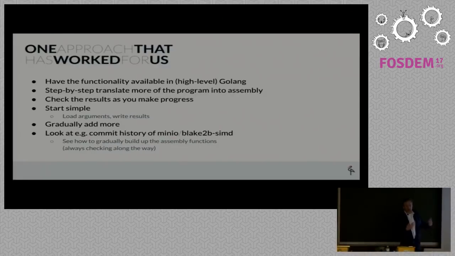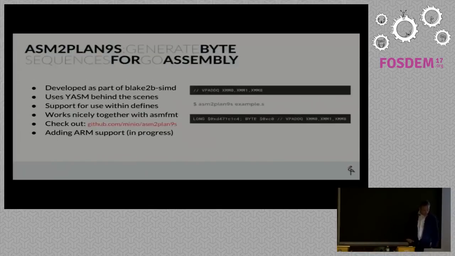Once you got it working, you gradually translate more and more of your Go functionality into assembly, and along the way, make tests whether the assembly functionality is equivalent to the Go version. If you look, for instance, at the commit history of the BLAKE2b SIMD repository, you can see how we used this technique.